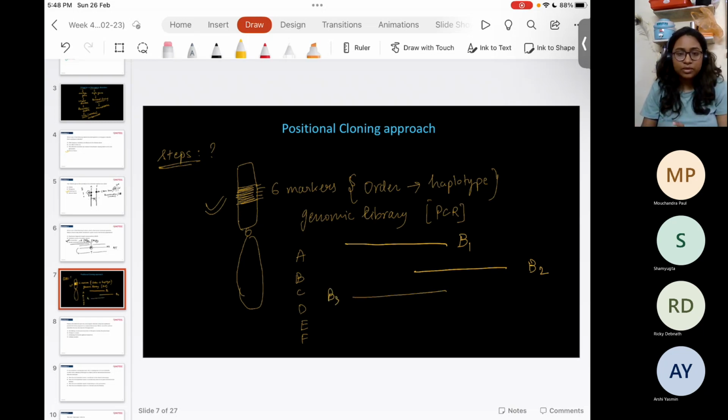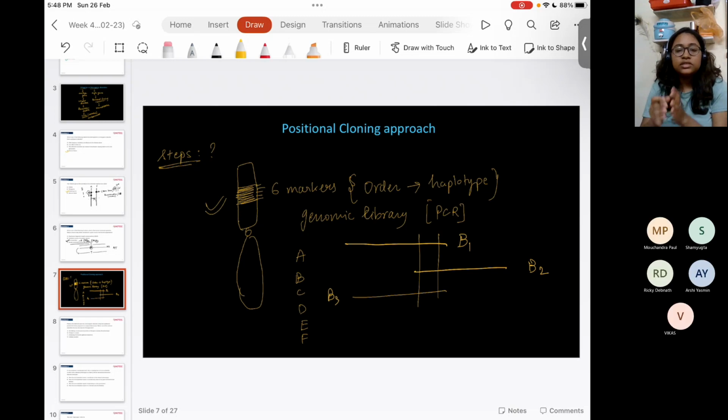So all your DNA fragments which are present in the bacterial artificial chromosome should have overlapping regions. This kind of library is called a contig.